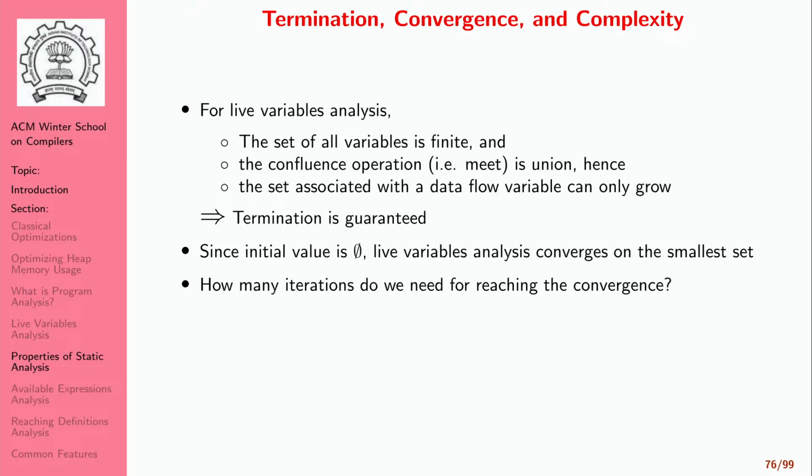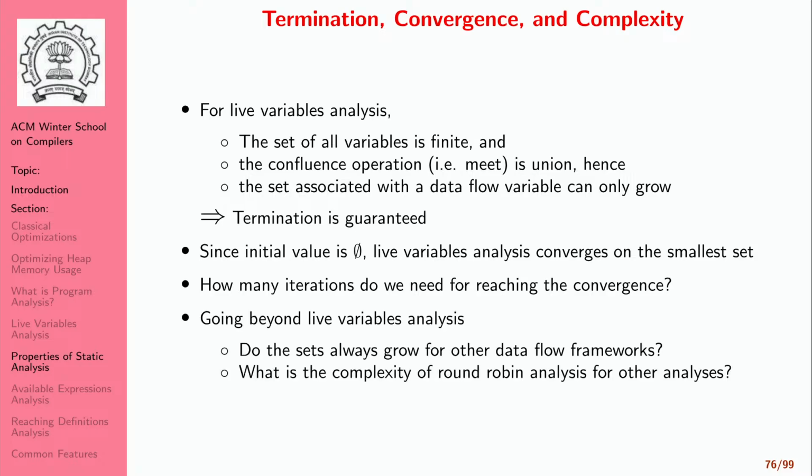How many iterations do we need for reaching convergence? Again, interesting questions, but we are not answering them here. Going beyond live variables analysis, do the sets always grow for other data flow frameworks? In general, what is the complexity of round robin analysis for other analyses? That's again a question that we will not be able to answer.